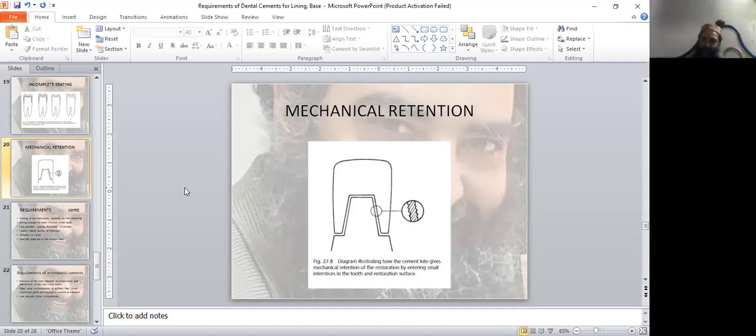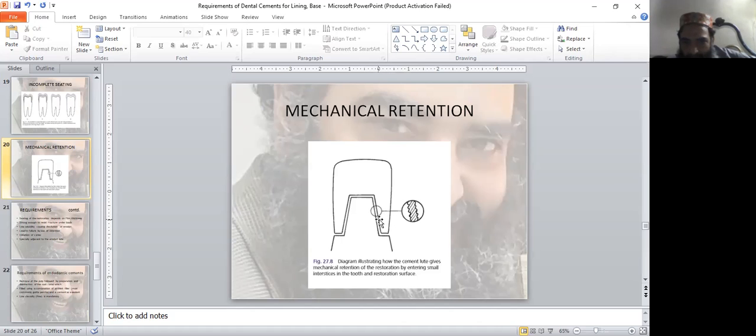Now, mechanical retention. As we have made a crown, we have to cut the tooth with a diamond cutting bar. As it rotates around the tooth structure, there will be a structure like this, and from this structure we have taken the impression.